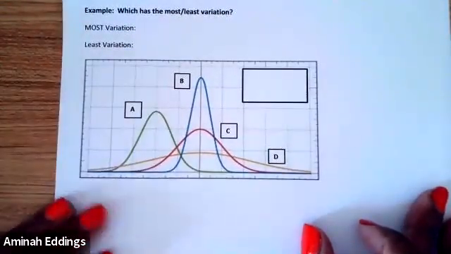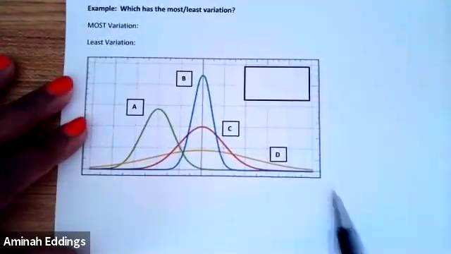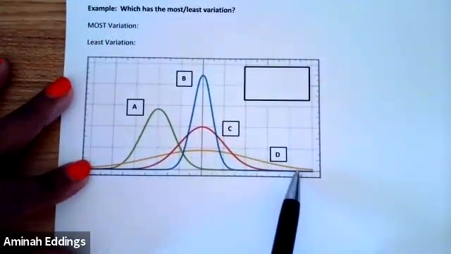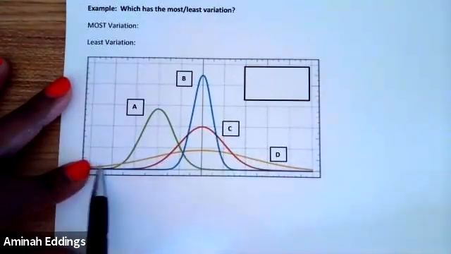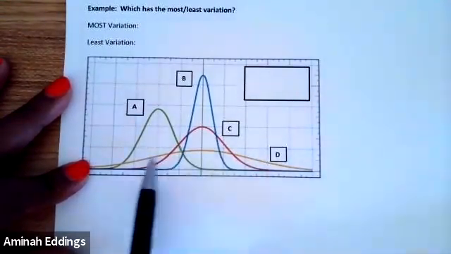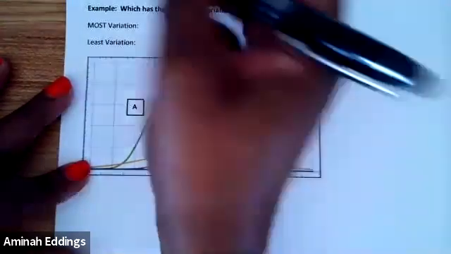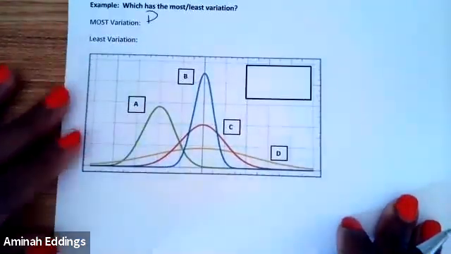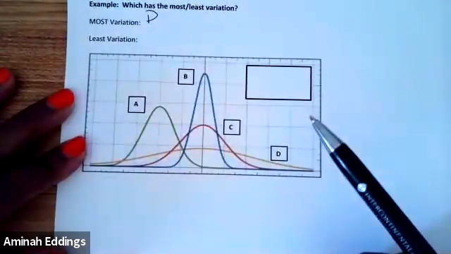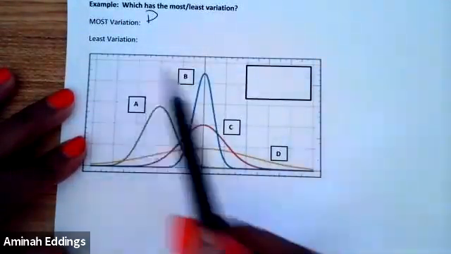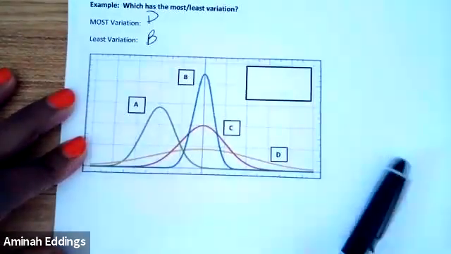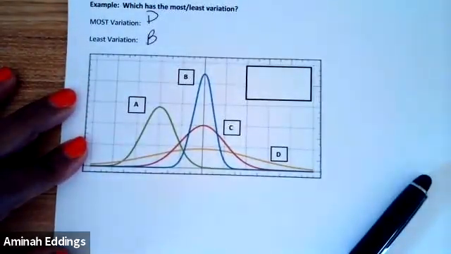Your most variation is going to be D, because if you look here, it goes from here to here, so your numbers are going to vary significantly more. And your least variation would be B. Questions there?